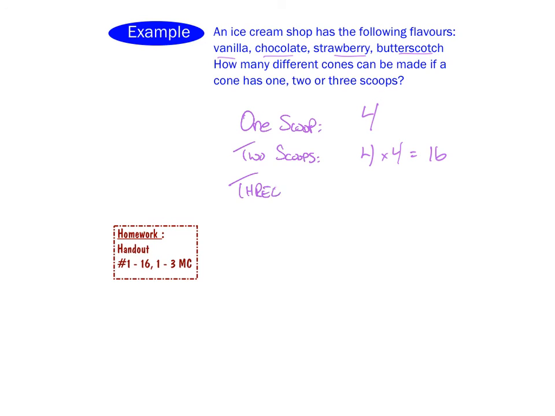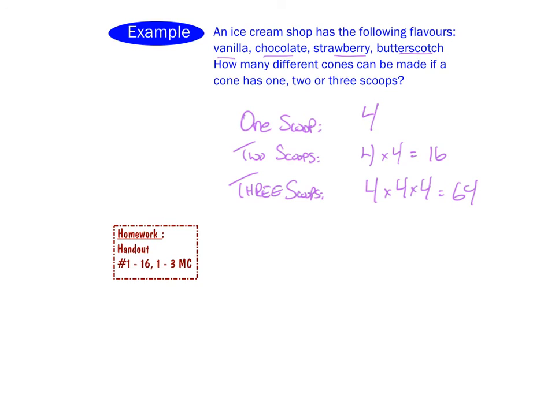And if you want 3 scoops, you have 4 choices for the first scoop, 4 choices for the second scoop, and 4 choices for the third scoop. So altogether, for 3 scoop ice creams, you have 64 choices. Okay? So there's 4 different ways to make a 1 scoop ice cream, 16 ways to make a 2 scoop ice cream, and 64 ways to do a 3 scoop ice cream.